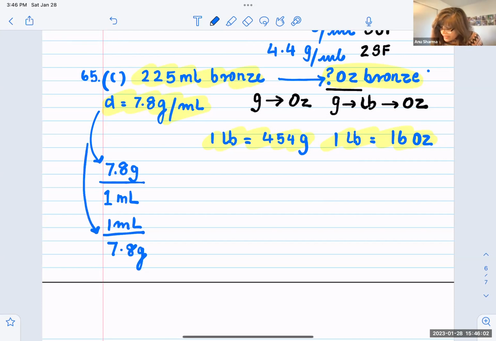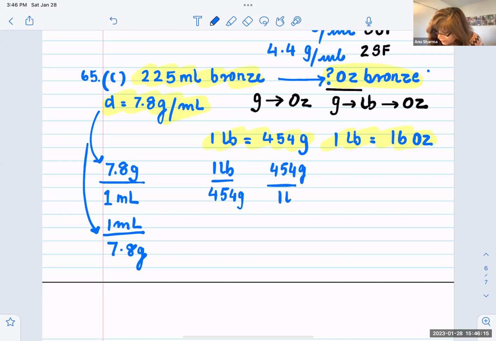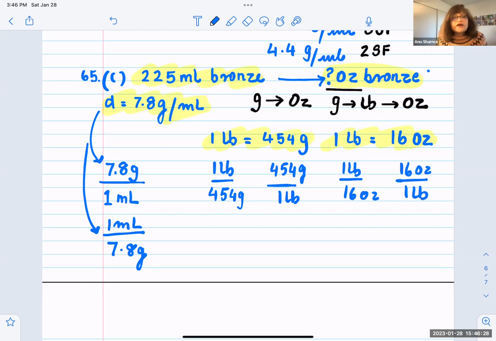Similarly for the pounds, 1 pound over 454 grams, or 454 grams over 1 pound. The other one is 1 pound over 16 ounces, or 16 ounces over 1 pound. So these are the conversion factors from the known equalities.